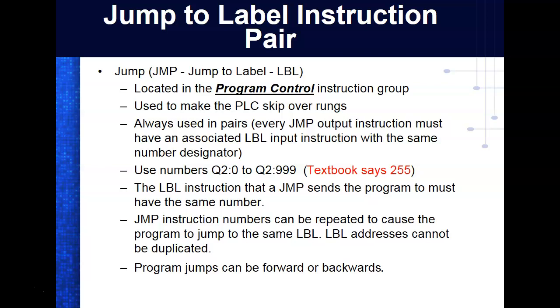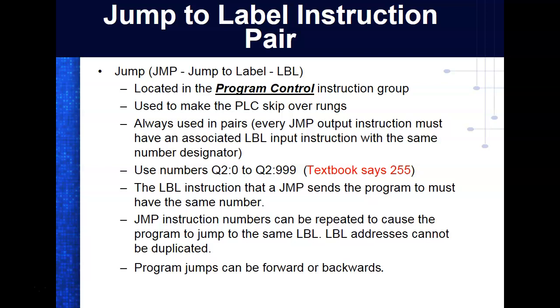The label instruction that the jump sends the program to must have the same number as the jump instruction. Jump instruction numbers can be repeated to cause the program to jump to the same label. So we can have different jump instructions jump into the same label. Everybody understand that? Program jumps can be forward or backwards.